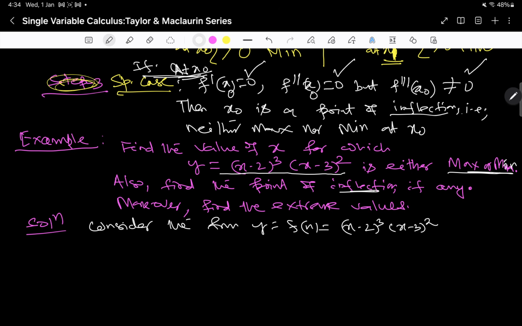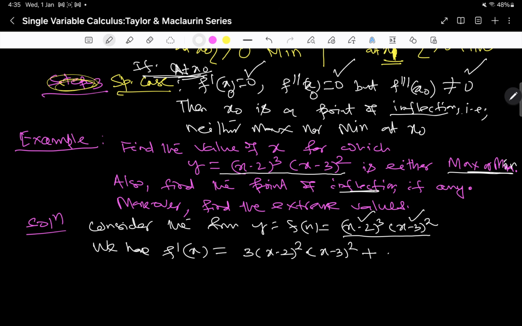right? Now your first derivative test, you find the first derivative. We have f dash x equal to, using the product formula, derivative of first 3(x - 2)^2 and (x - 3)^2 remains silent, plus derivative of the second 2(x - 3) and the first one remains silent, (x - 2)^3.